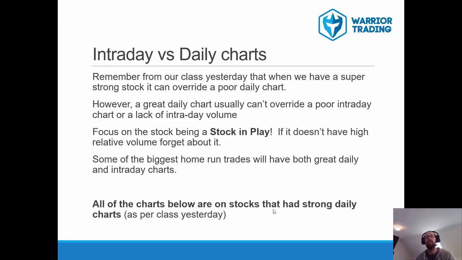So if you're looking to try to see these patterns in real time, or you're looking in the evening at various stocks, make sure you're looking at the right type of stocks. Okay, so all of the charts that you'll see today had or have strong daily charts as per the class yesterday.